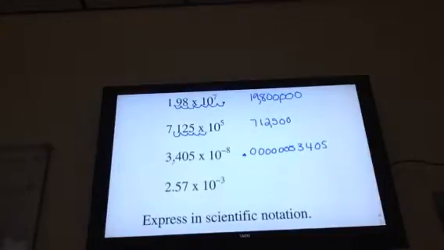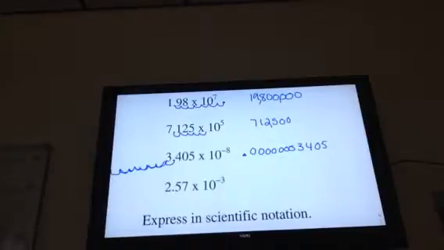So I move it once, and I'm going to have to go 8 times, so 7 more times. 1, 2, 3, 4, 5, 6, 7, 8. I don't necessarily need to move that as long as I know how many times I'm moving it. Once I get to the other side of 3, I go 7 more times.